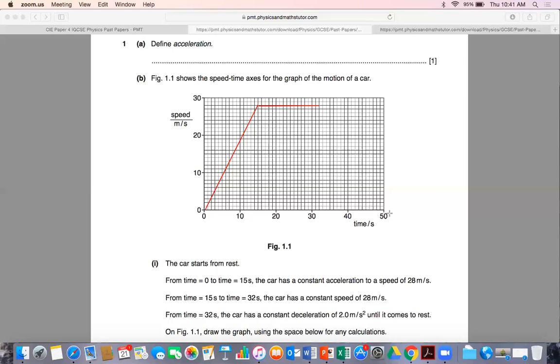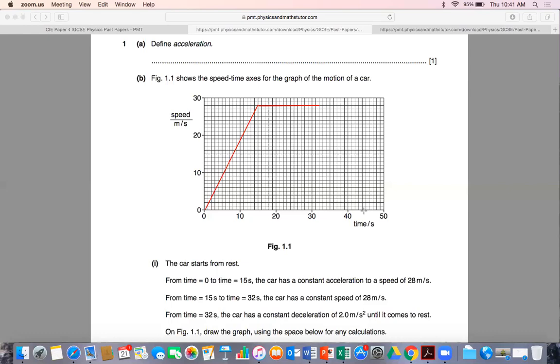Because it says from 32. So I know my graph is going to go down because it's constant deceleration. And it will go to 0, but where? Is it 50 seconds? Or at 40 seconds? Or 45?